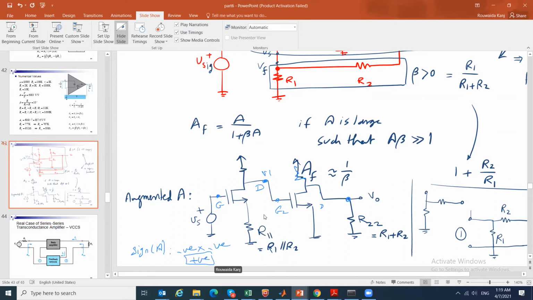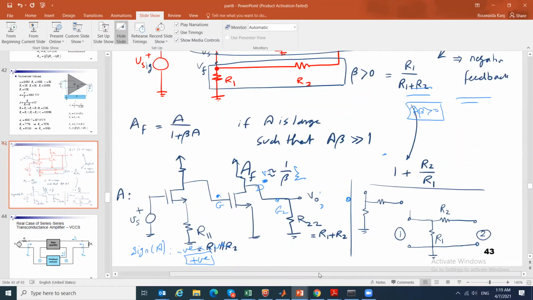And we have already found that beta is positive from before, so therefore my A beta is positive, which is what we want for the negative feedback amplifier, and we have studied the beta block before in the previous exam. Okay, so therefore this is negative feedback.